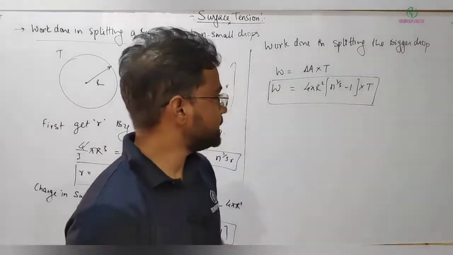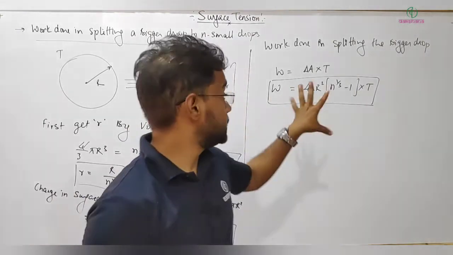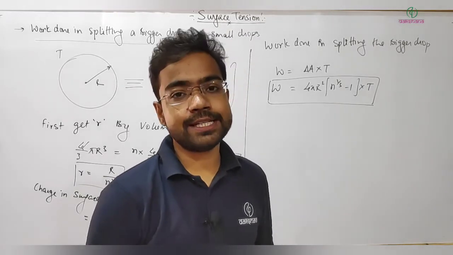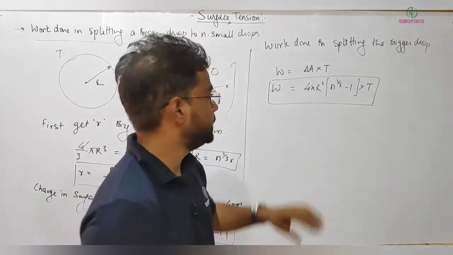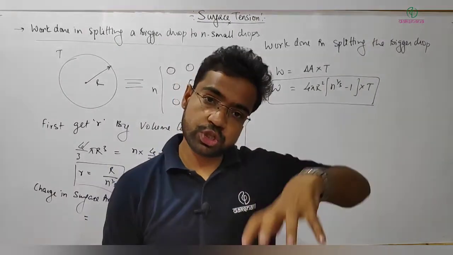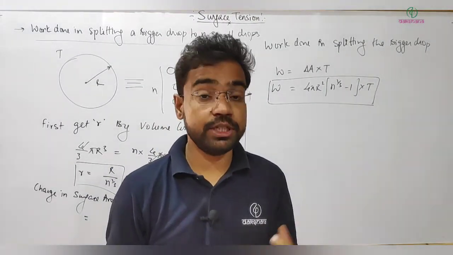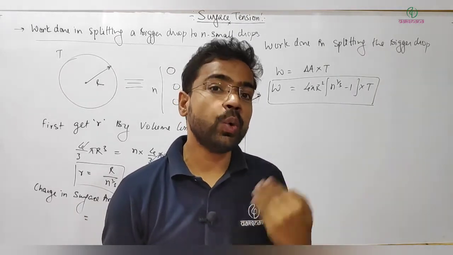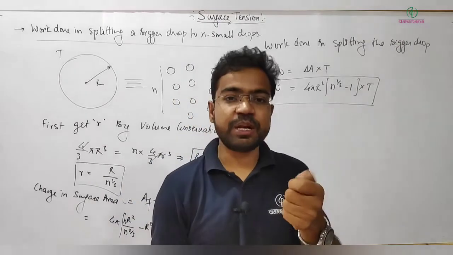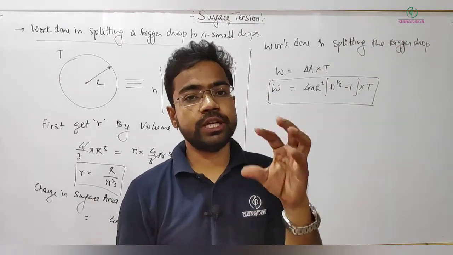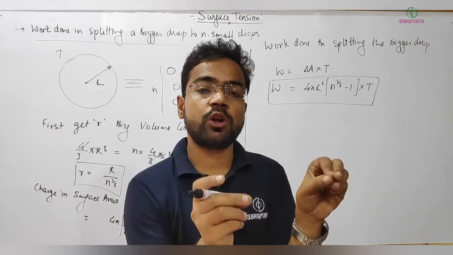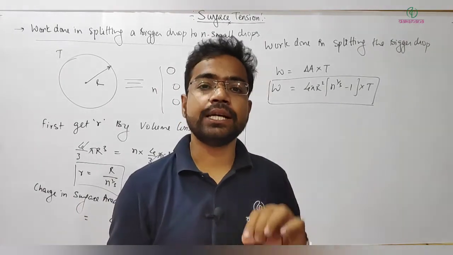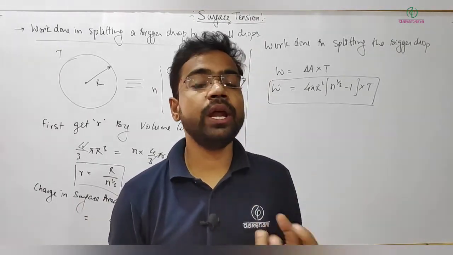Okay, next thing that comes is that this is the additional energy we need to supply. Suppose no energy is supplied from outside, then what will happen actually? This same amount of energy will be used from the liquid itself, from the volume of liquid, whatever is available. So that means it will cool down. That is one of the reasons when a spray is working, it is splitting liquid into small drops. In that process, surface area is increasing, so some energy gets consumed in that, which results in cooling down of the liquid.